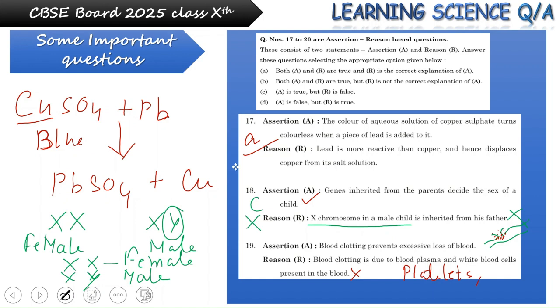Platelets form a plug like structure at the place of injury, and after that the clotting factors act to clot the blood. In this way, the blood loss is prevented. So, here again, assertion is a right statement, but reason is wrong. So, we have C as the correct answer here.